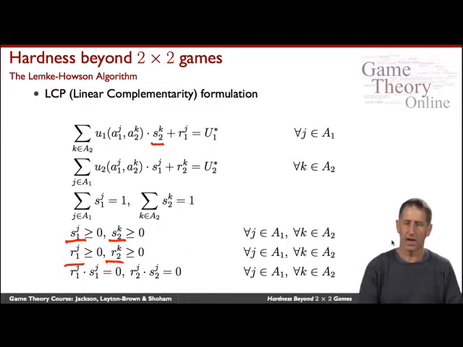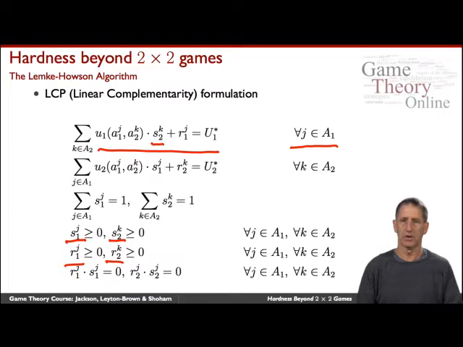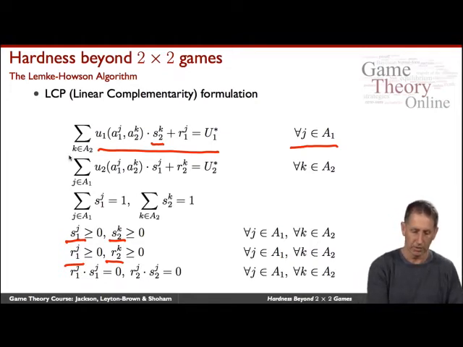R's are what are called the slack variables. And to understand their roles, let's look at, for example, this equation right there. So this applies to any action of player 1. For any action of player 1, we look at the value that it gives with respect to the strategy of the other player. And so we look at all the actions available to player 2.